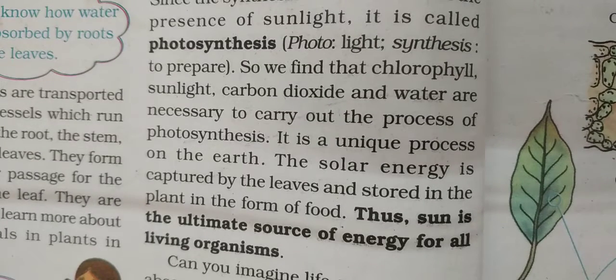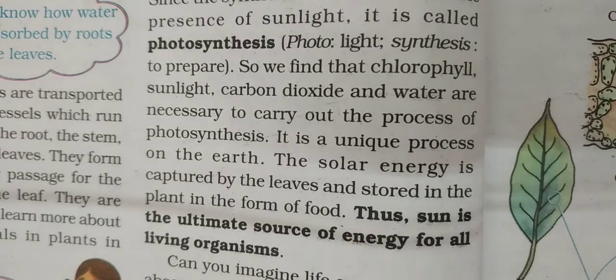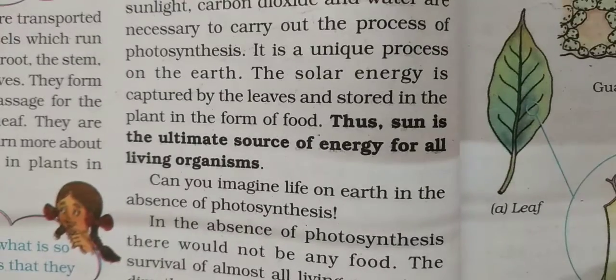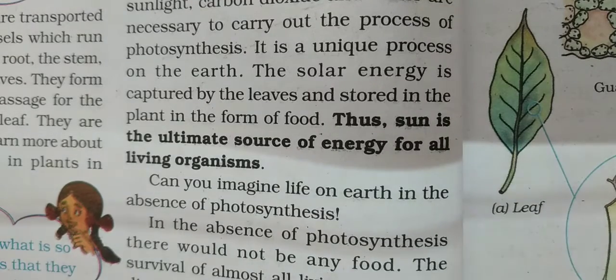Thus, the sun is the ultimate source of energy for all living organisms. Directly or indirectly, every living organism is dependent on the sun.